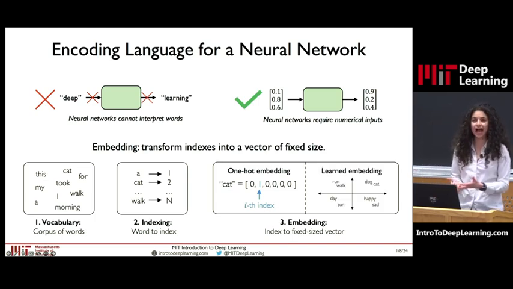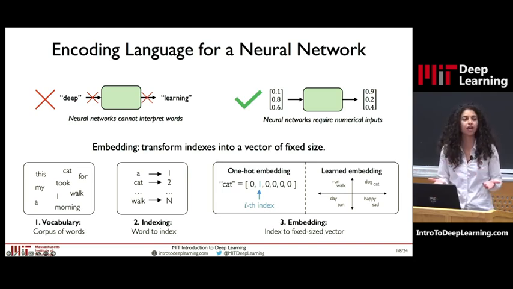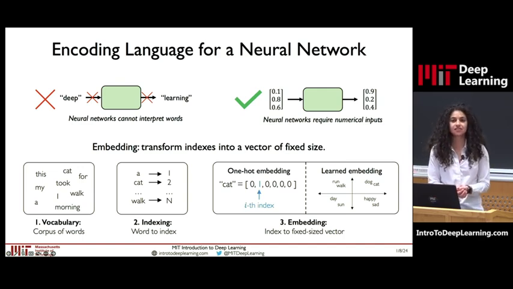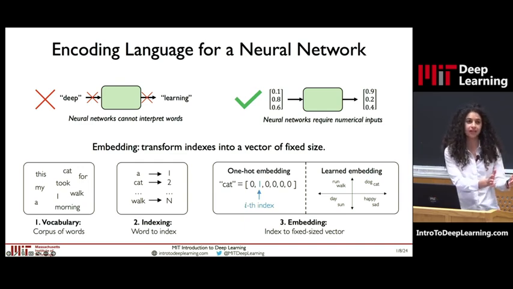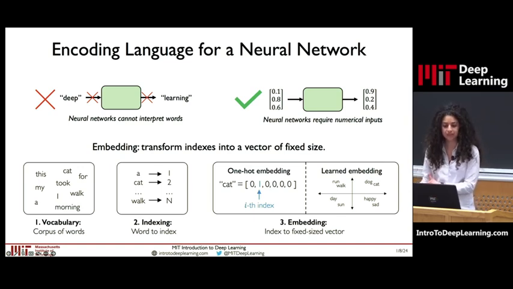Another option is to actually do something a little fancier and try to learn a numerical vector that maps words or other components of our language to some sort of distribution, some sort of space, where the idea is things that are related to each other in language should numerically be similar, close to each other in this space, and things that are very different should be numerically dissimilar and far away in this space.